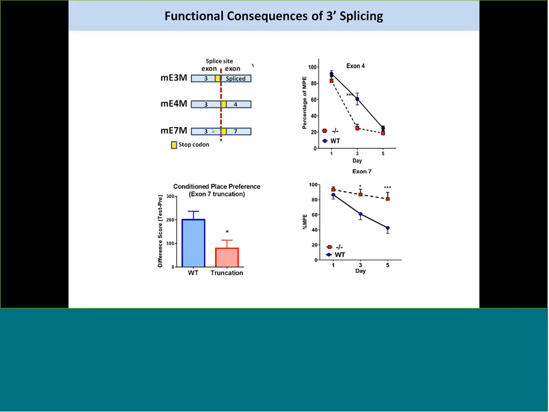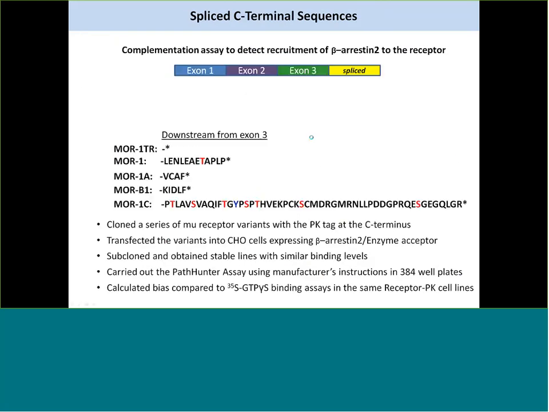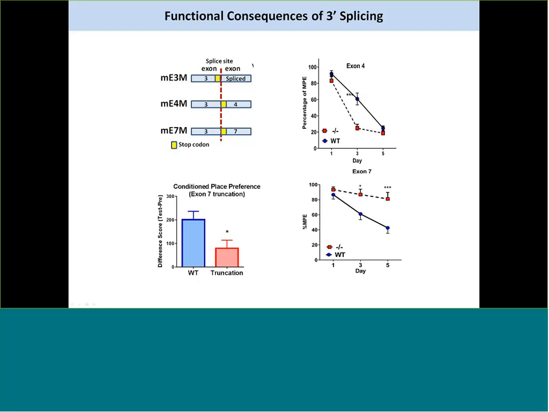For the exon 7 mouse, you block only exon 7, so all the other splice variants are made normally. And when you take a look at this, you get a very interesting pharmacology. As you can see here with the exon 4 animal, in other words, this is the loss of only the 12 amino acids on the exon 4 for those splice variants. You can see that wild-type animals develop tolerance over 5 days, which is not unusual.